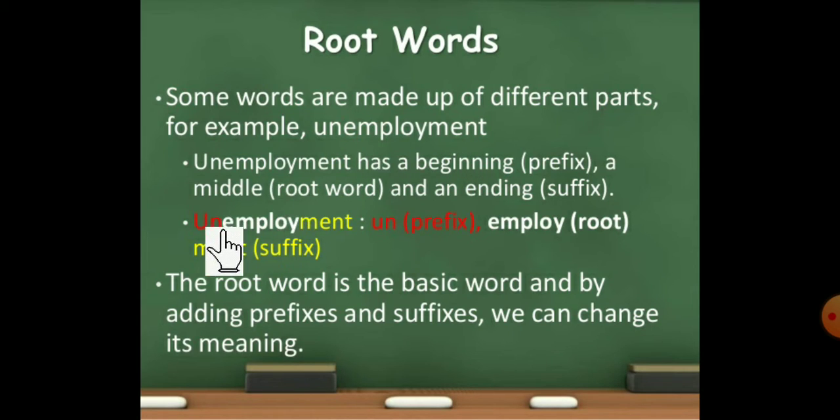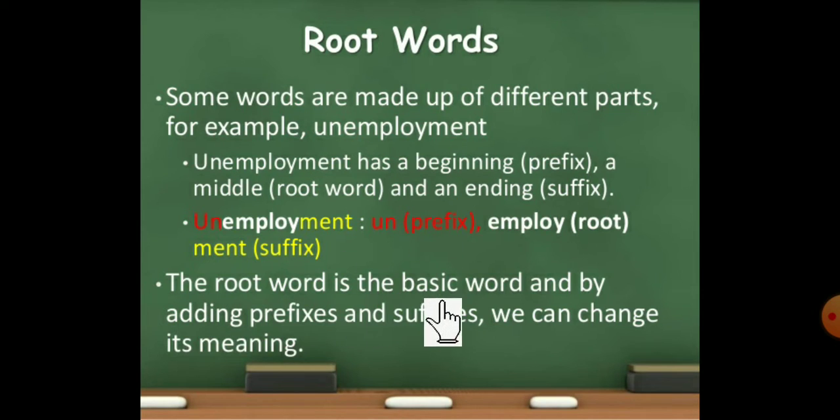If you remove un and if you remove ment, which is the remaining word? Employ. So this employ is the root word. Got it? Now, unemployment: un is the prefix, employ is the root word, and ment is the suffix. So we added a prefix and a suffix at the end.